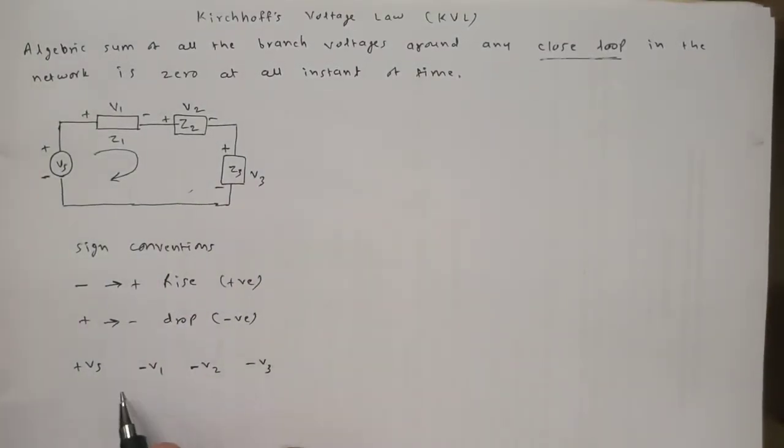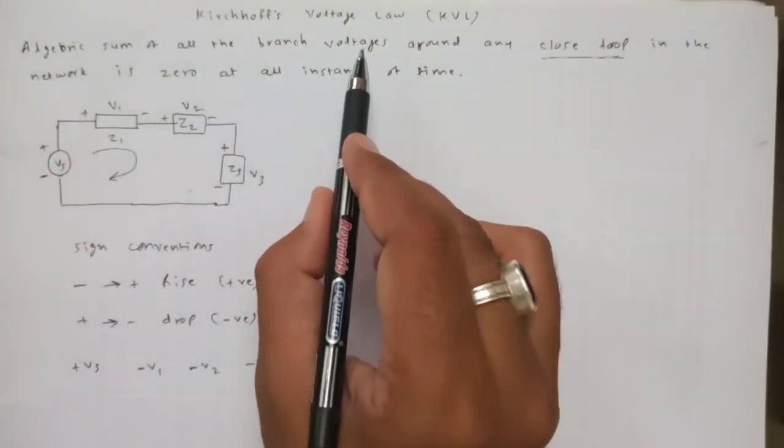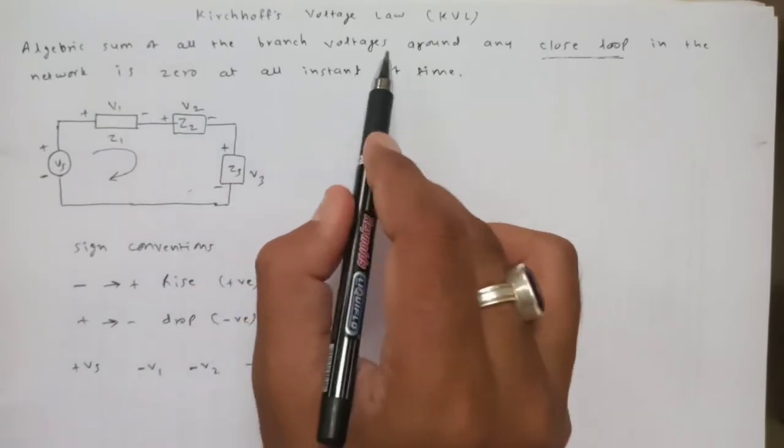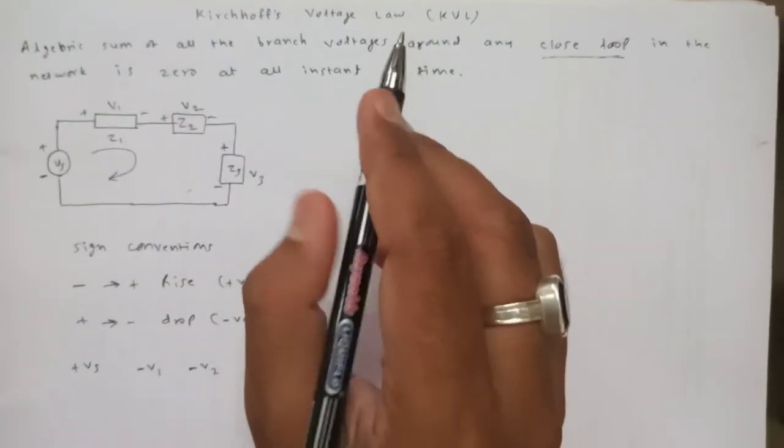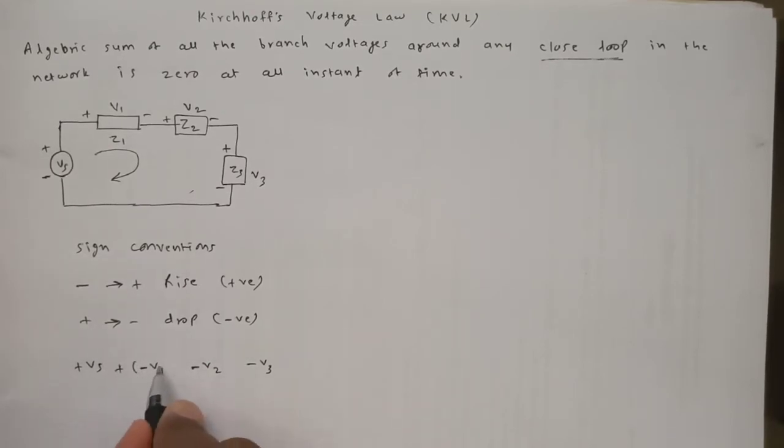Ultimately, after considering these sign conventions, we apply the Kirchhoff Voltage Law, which says that the sum of all the branch voltages around the loop will be zero. If we take the sum of all these voltages, it should come to zero. So I simply add them, and it should be zero. That is what the KVL says.